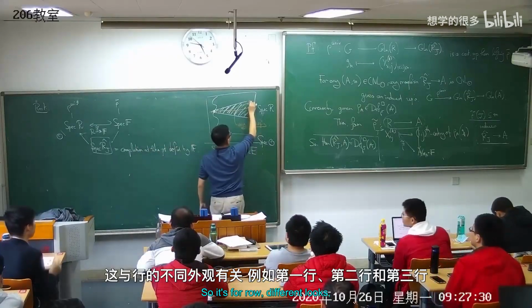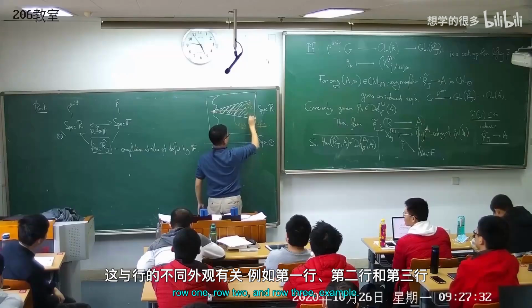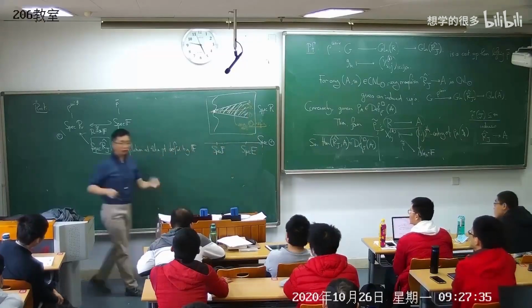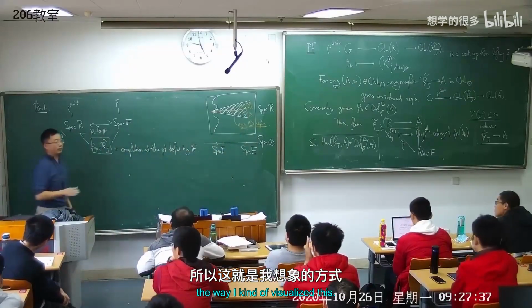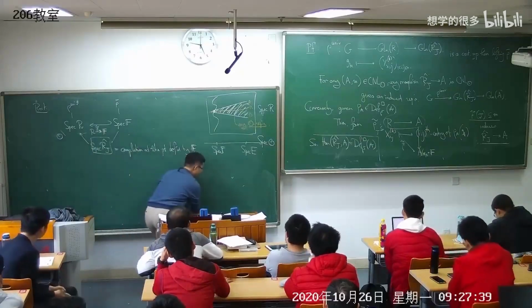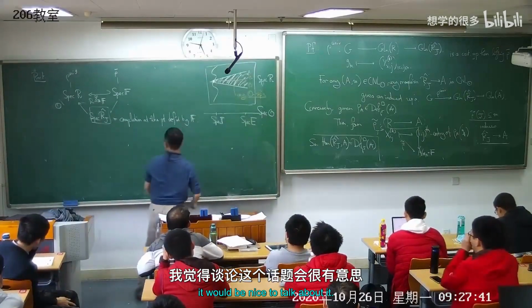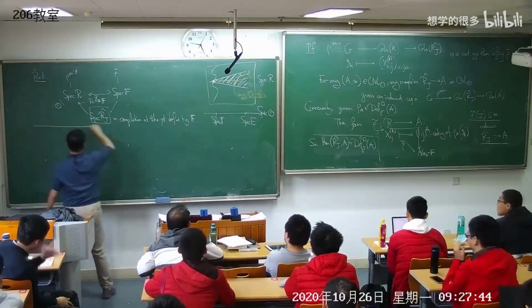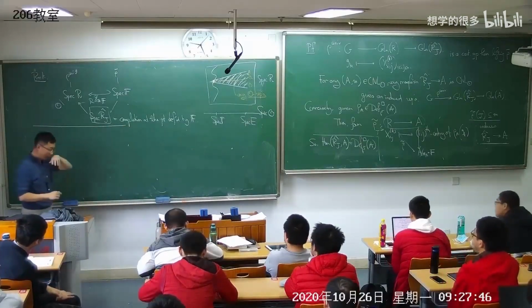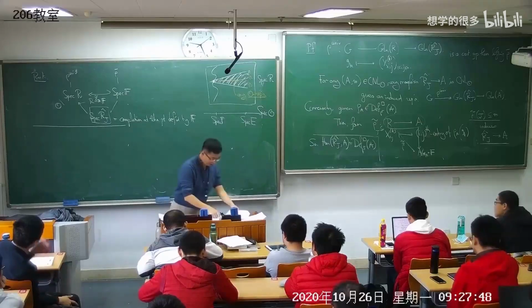So it's for different lifts, rho 1, rho 2, and rho 3, for example. That's the way I visualize this. I just thought it would be nice to talk about it. Okay? Let's maybe go back.